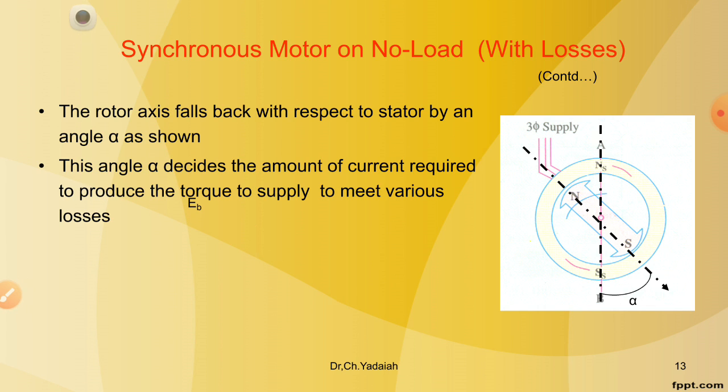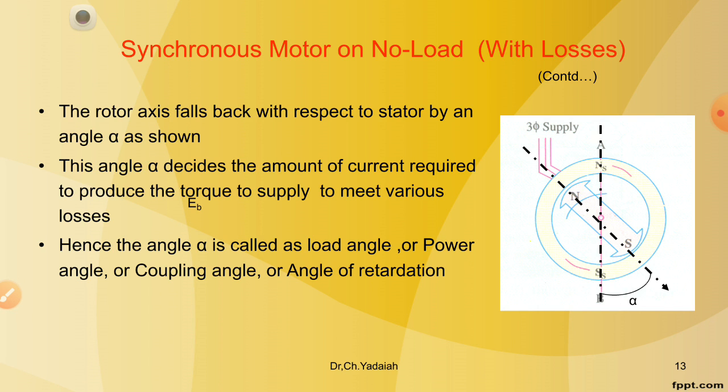This angle alpha decides the amount of current required to produce the torque to meet various losses. That means alpha decides how much armature current has to be drawn from the supply to develop torque to meet these inherent losses: a small amount of copper losses, iron losses, and friction and windage losses.